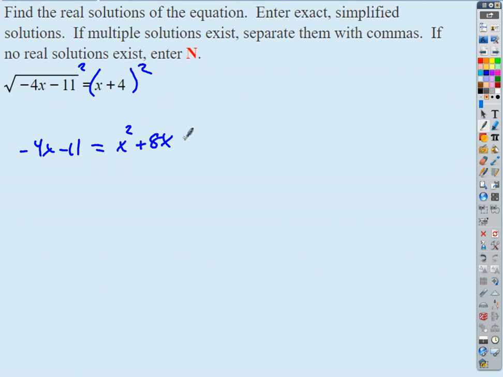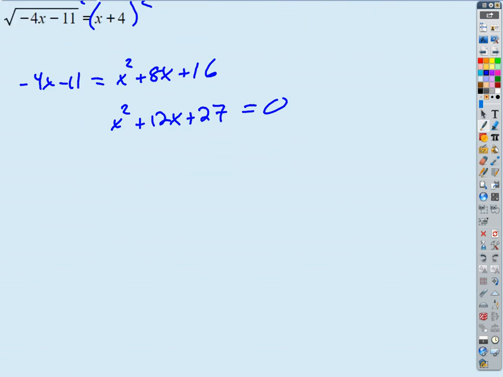Plus 8x plus 16. Now what? Get it all on one side. So we'll add 4x to both sides. I'll add 11. And the whole thing's equal to 0, right? Okay, now what? Magic numbers, good.